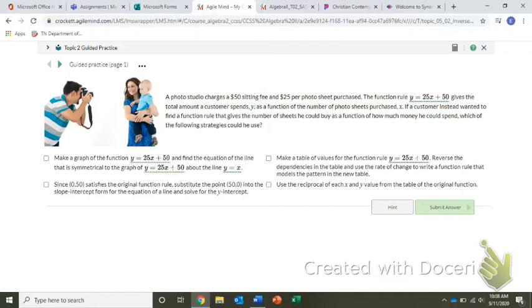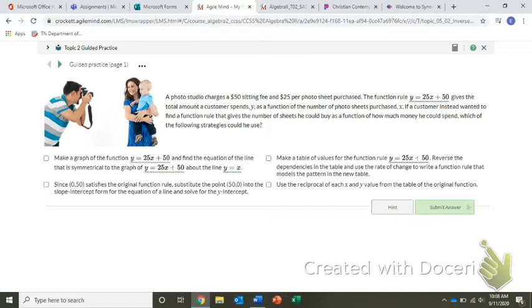All right, so this first one says, a photo studio charges a $50 sitting fee and $25 per photo sheet purchased. The function rule is y equals 25x plus 50 gives the total amount a customer spends, which is y, as a function of the number of photo sheets purchased, which is x.